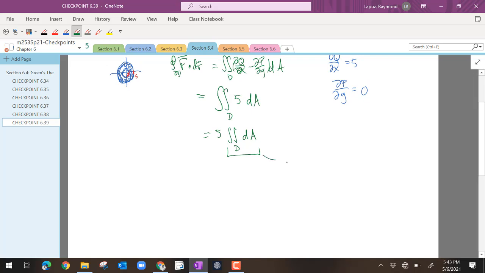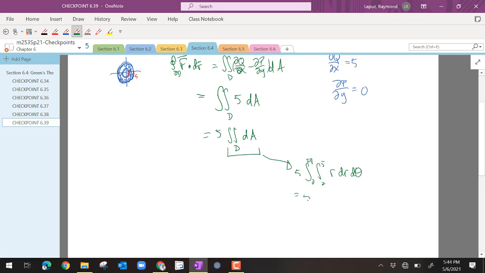If we were going to set this up as a double integral, this would be 5 times the integral from 0 to 2 pi with respect to theta, integral from 2 to 5 with respect to r, and the integrand is just going to be 1, and then your dA will include an extra r, dr d theta.